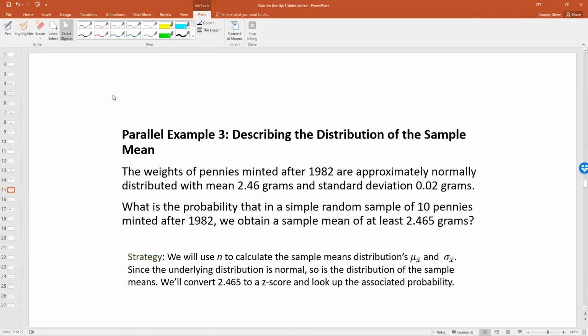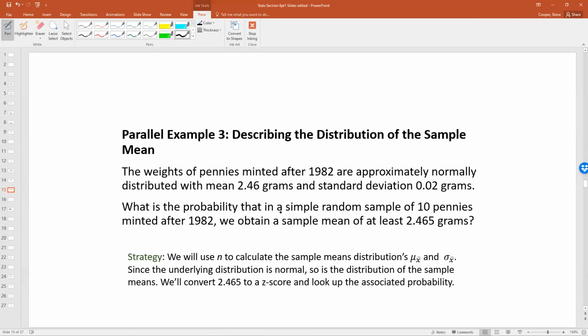Okay, so let's talk about this in terms of calculating the mean and the standard deviation. It's pretty easy if you consider this. The weights of pennies minted after 1982 are approximately normally distributed with a mean of 2.46 and standard deviation of 0.02.